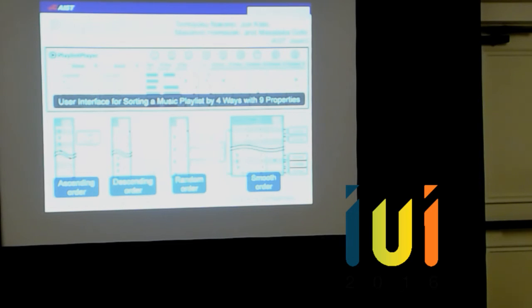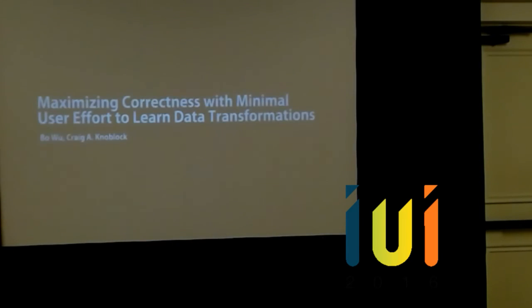For example, as shown at the bottom, Playlist Player can estimate female probabilities of vocal, and Playlist Player can sort a playlist by ascending order, descending order, random order, and smooth order. In addition, 2 or more properties can be integrated. Thank you.